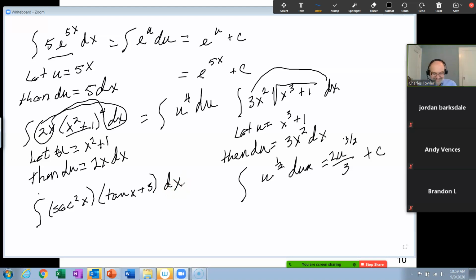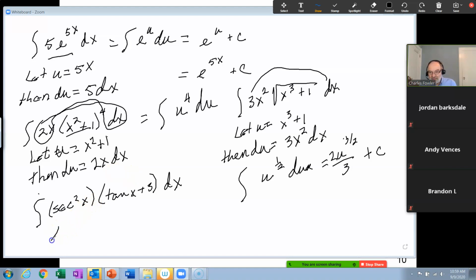Now this one might throw you a little bit, because it's sort of a toss-up here. Which is the more complicated looking part of this? Is it the secant squared x, or is it the tangent x plus 3? What would you say? Believe it or not, it is the tangent x plus 3. And here's why. You'll see in just a minute.